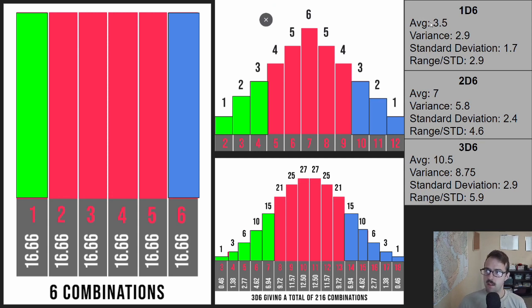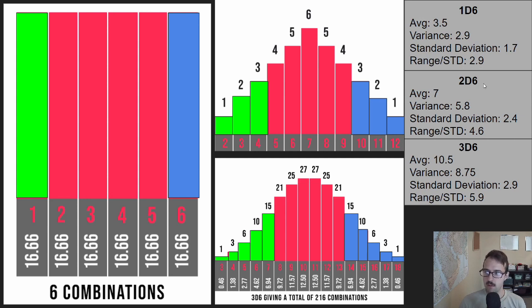On a 1d6, your average is 3.5. Your variance, not entirely important how you calculate it, is 2.9 for a d6. The standard deviation is the square root of your variance, so 1.7. And the number of standard deviations you have across the range of your dice is about 2.9 for a d6.